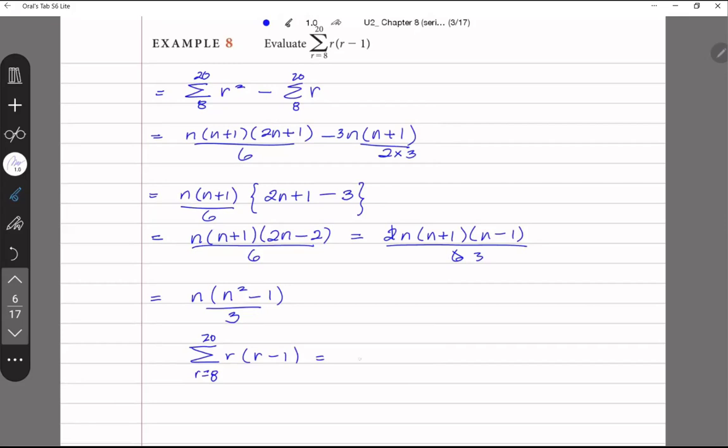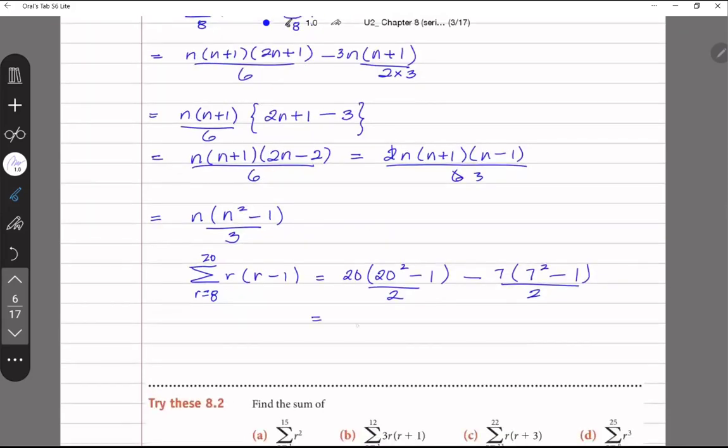So it must be from r equals 1 to 20 minus r equals 1 to 7. So first replace n with 20. We have 20 times 20 squared minus 1 over 3, minus, when n is 7, 7 times 7 squared minus 1 over 2.